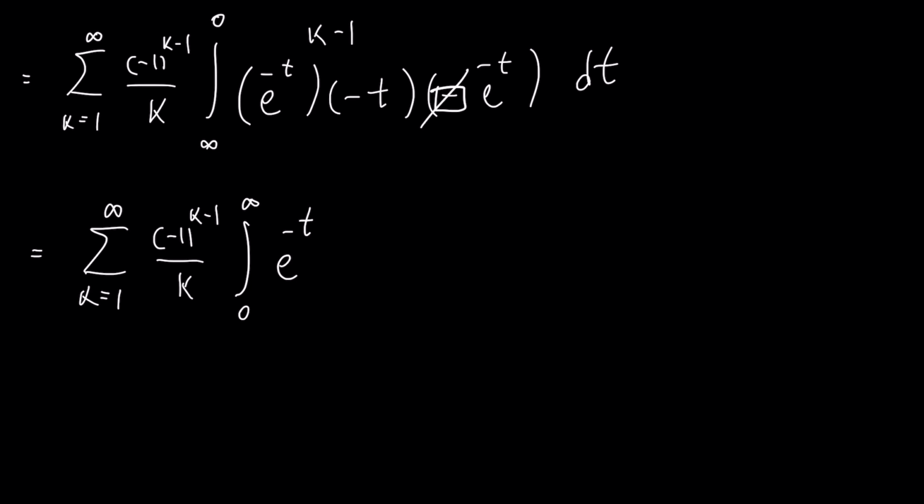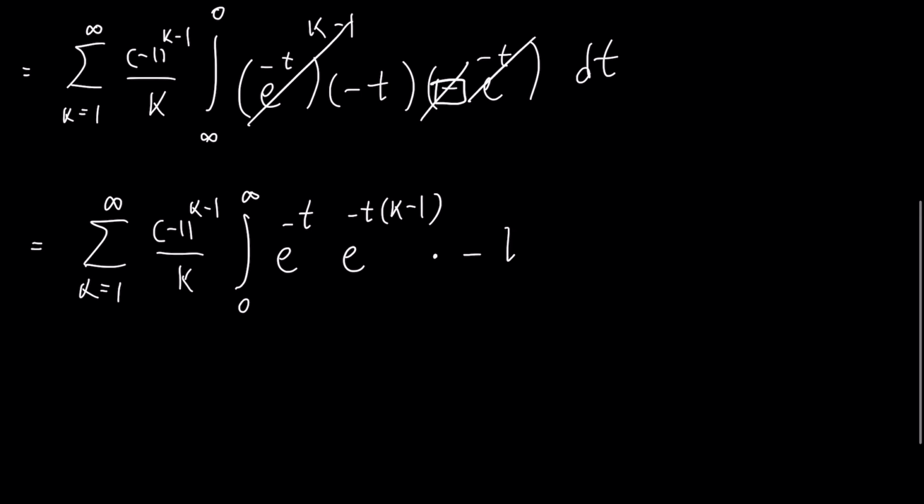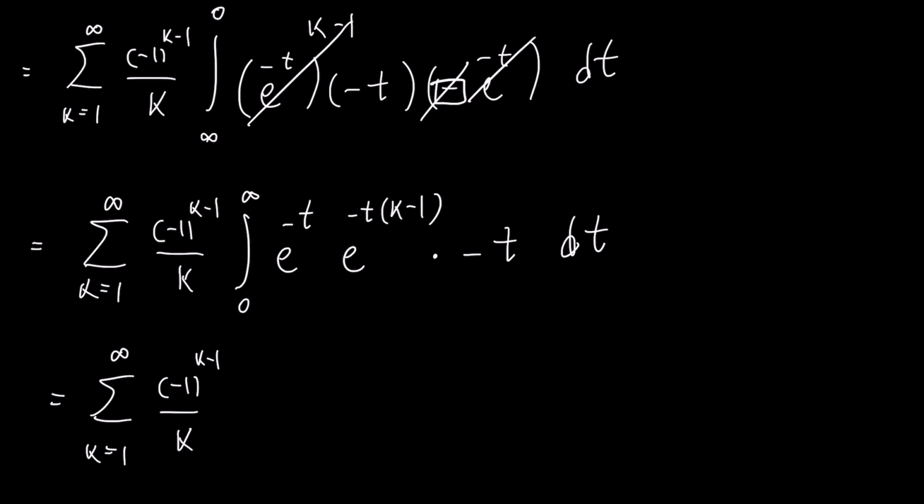So we have an e to the minus t, and we have an e to the negative t times k minus 1, times a negative t dt. And we can combine the exponents, so this is equal to the sum from 1 to infinity, negative 1 to the k minus 1 over k, and the integral from 0 to infinity of e to the negative t minus t times k minus 1 times negative t dt.